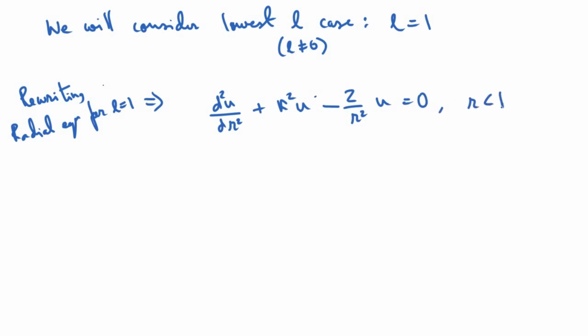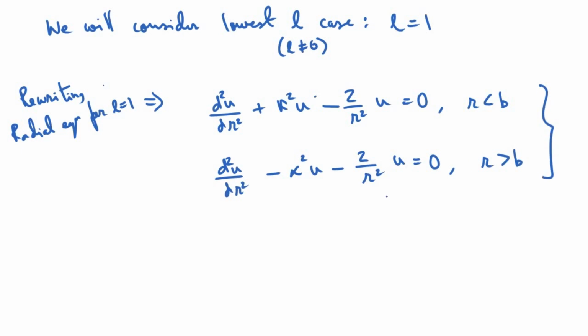This is for r less than b, and the next is d2u/dr square minus alpha square minus 2 by r square into u equal to 0 for r greater than b.